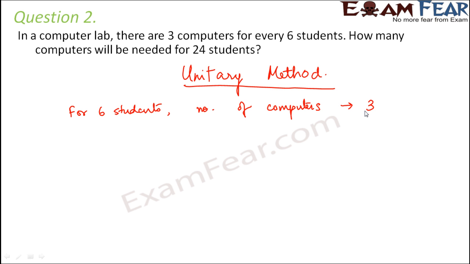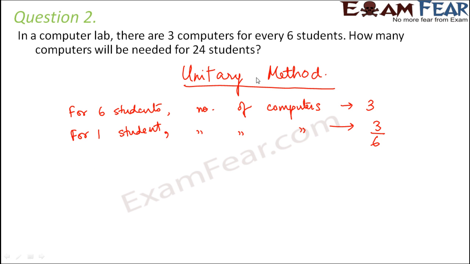One computer needs to be shared between 2 students. So basically for one student, how many computers do you have? If the total number of computers is 3 for 6 students, then for one student it is 3 by 6, which is nothing but 1 by 2. So half a computer is for one student basically.